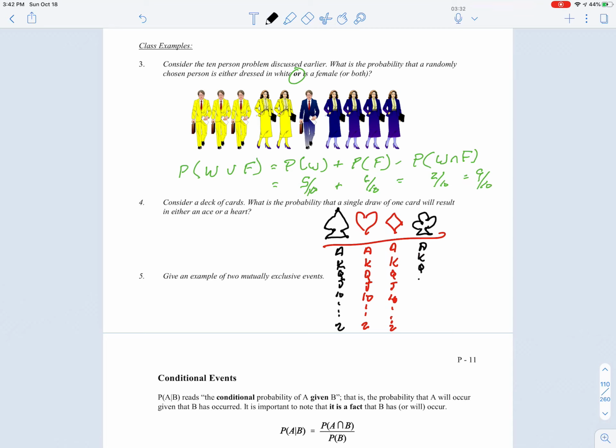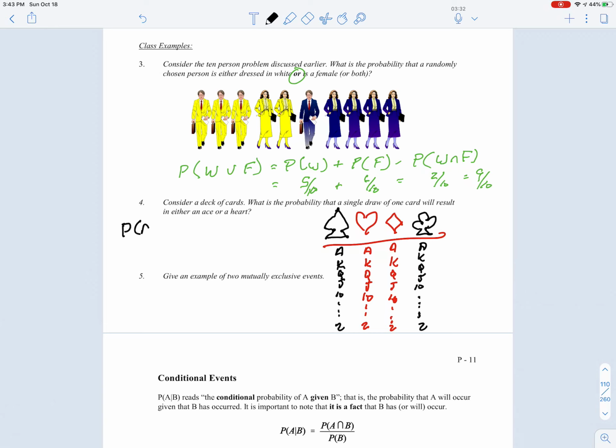Probably most of you know this, but every once in a while I'll come across a student who doesn't know the cards, and so that's fine. An ace can be considered to be a 1 in some games, like blackjack. All right, what's the probability that a single draw of one card will result in either an ace or a heart?